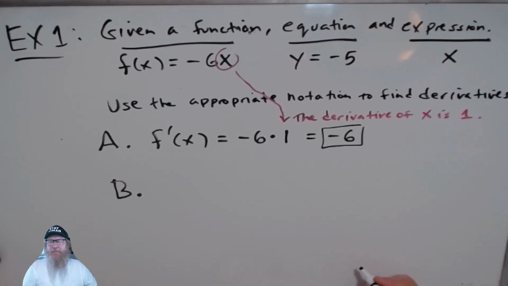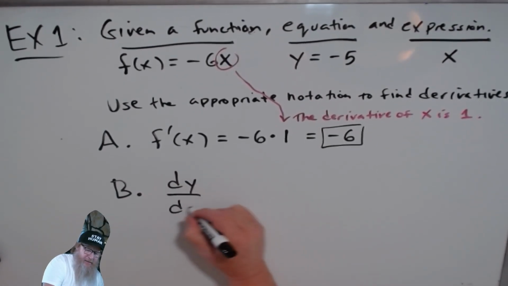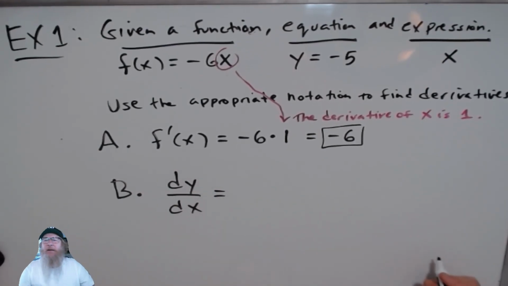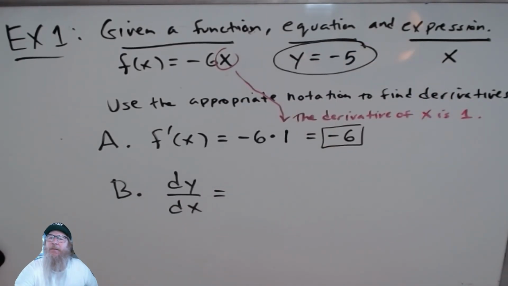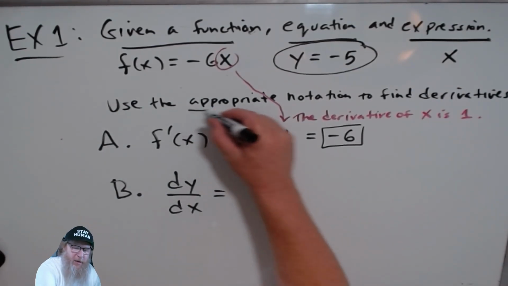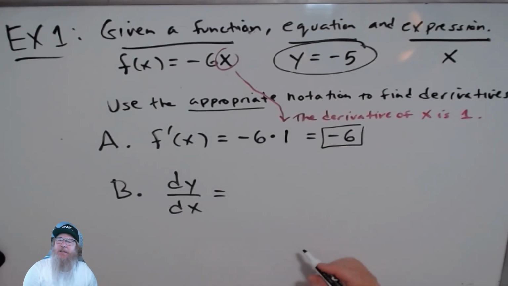Okay. How about dy dx? What's dy dx? Well, you have to use that one. That's the only one that has a y, right? So use the appropriate notation. This is the only one that has a y in it, so dy dx must be that.